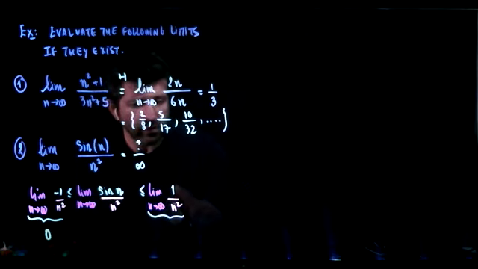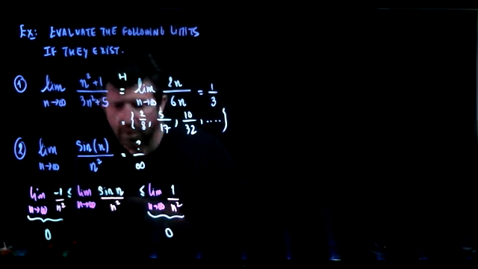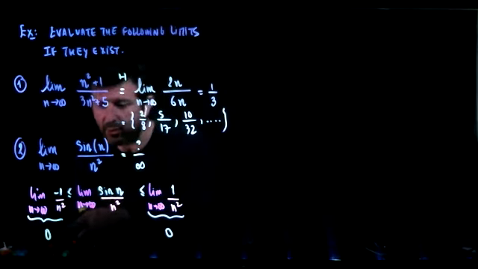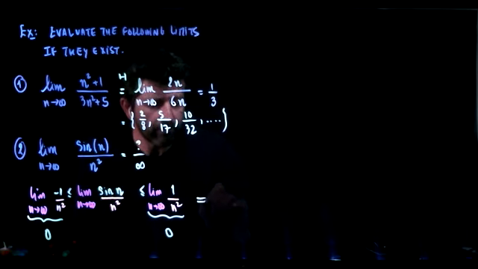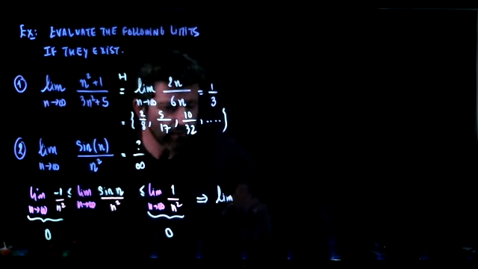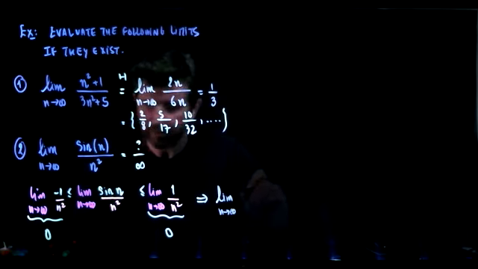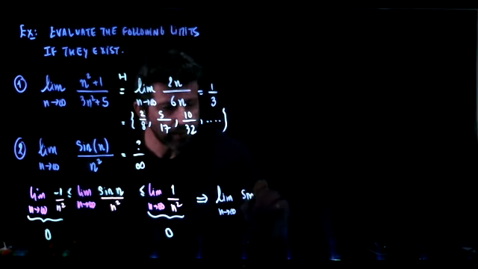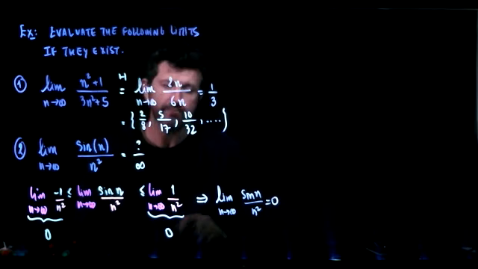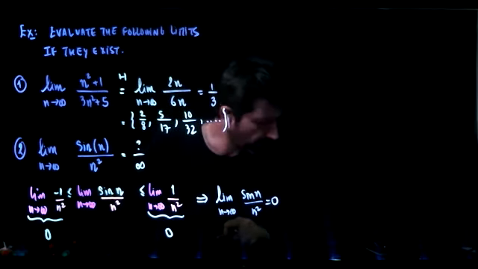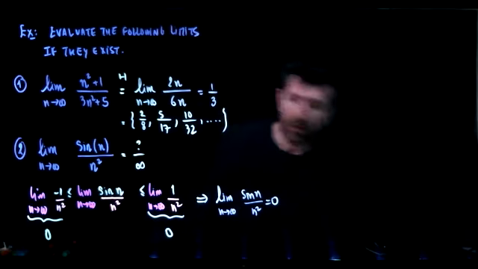This is also a very easy limit. 1 over infinity is 0. So this limit is between 0 and 0. And so the limit as n approaches infinity of sine n over n squared is 0. Any questions?